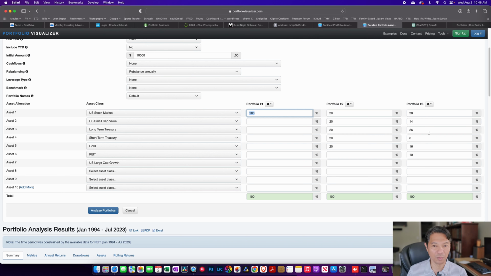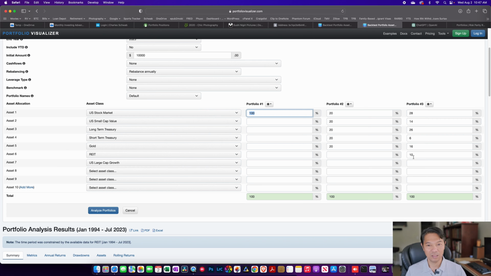If you ignore the details and add up the stocks, large cap, small cap value, and total stock market, it's 42%, and then we have 26% in long-term treasury. He's got 6% in money market, which I will assume is similar to short-term treasury. He's got a gold component that's a little less, 16%, and then he's got 10% in REIT.